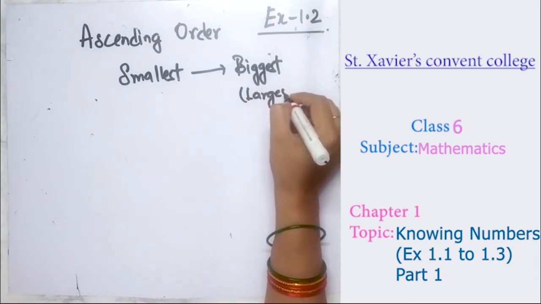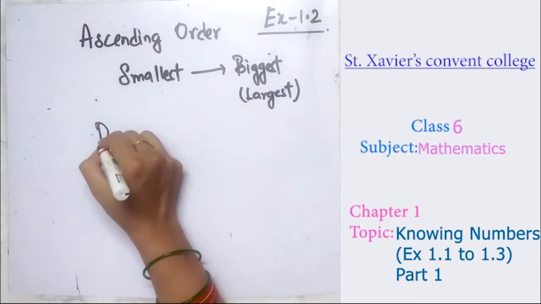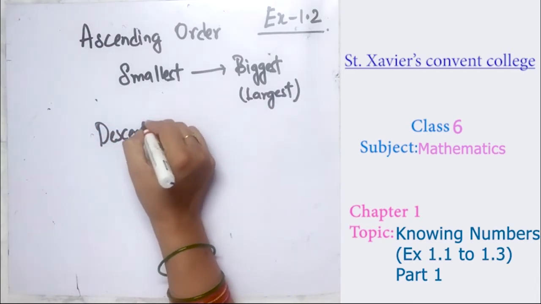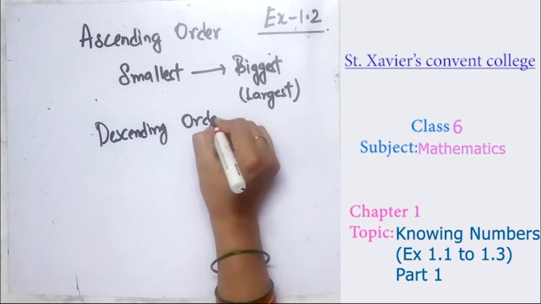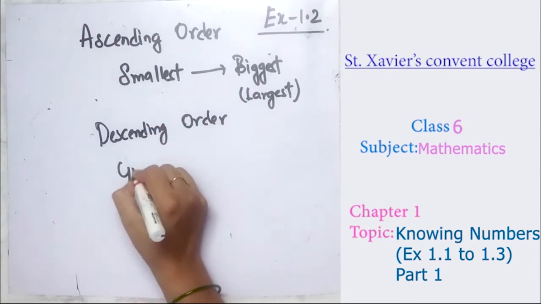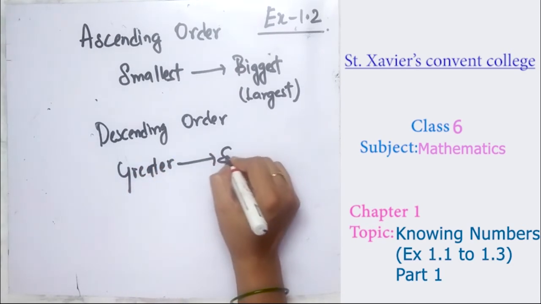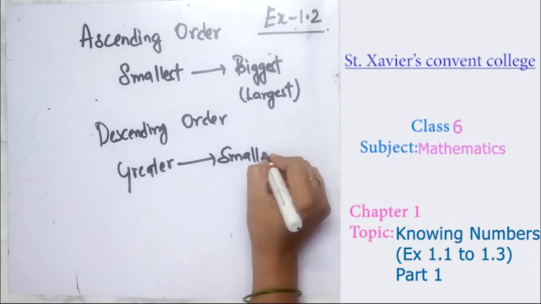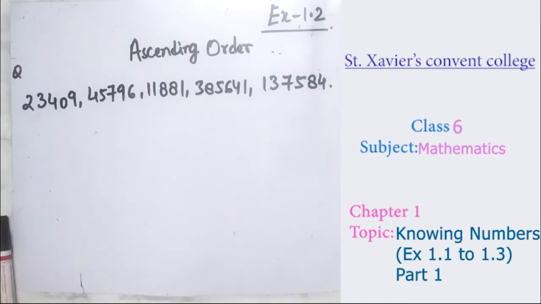While in the descending order, because it descends down, you put the greater number in the first position and reduce it to the smallest one. These are known as the ascending and descending order. We'll discuss a question on this.